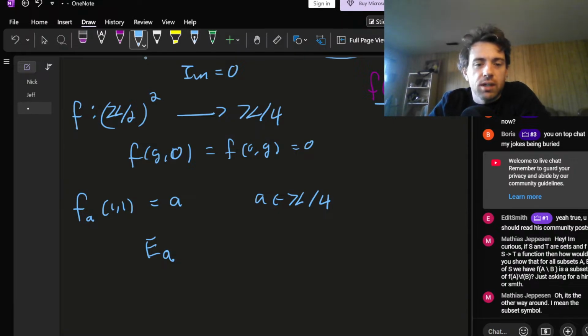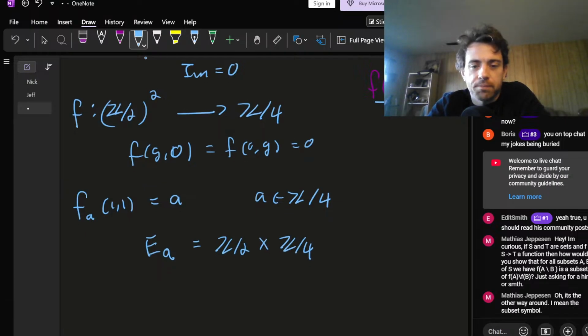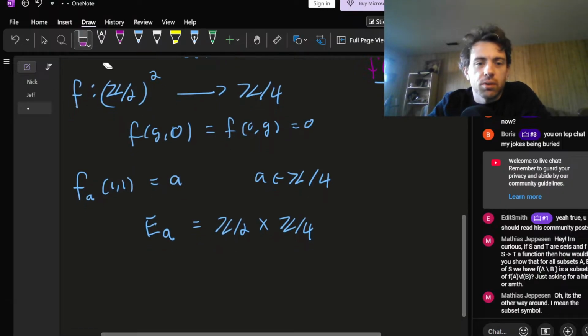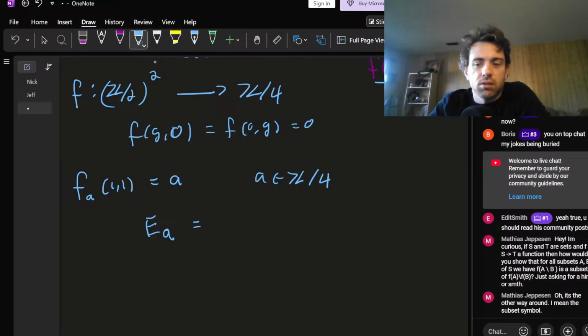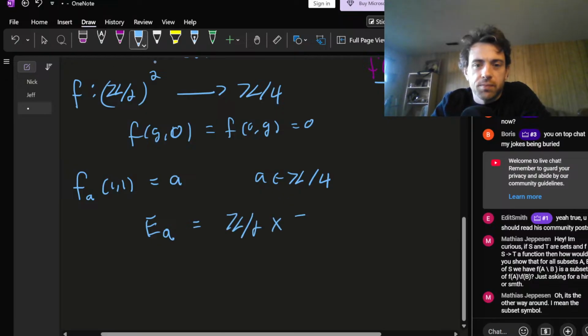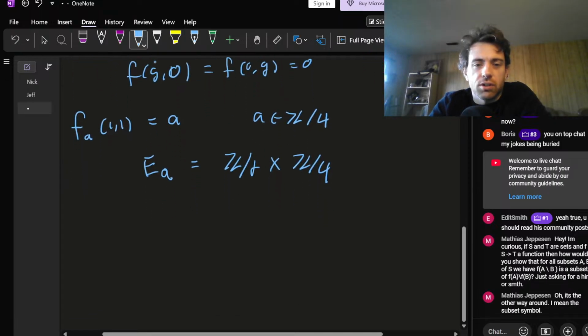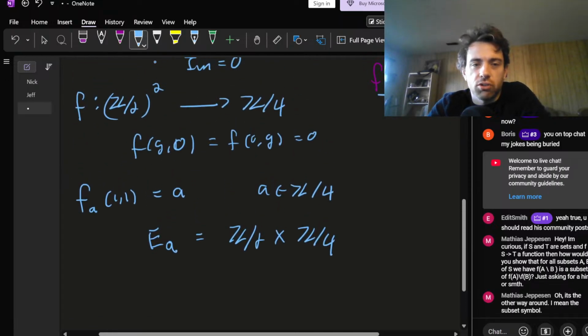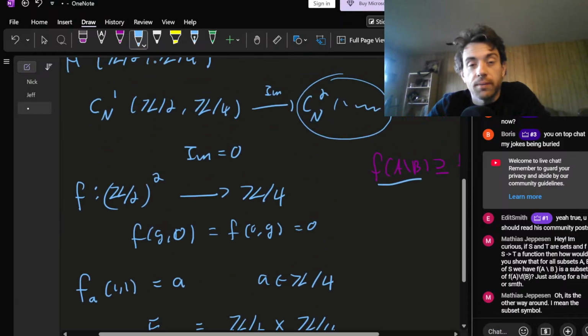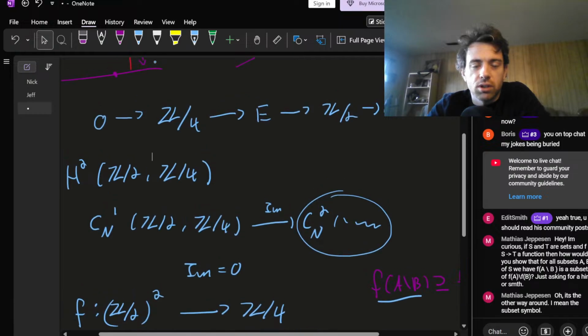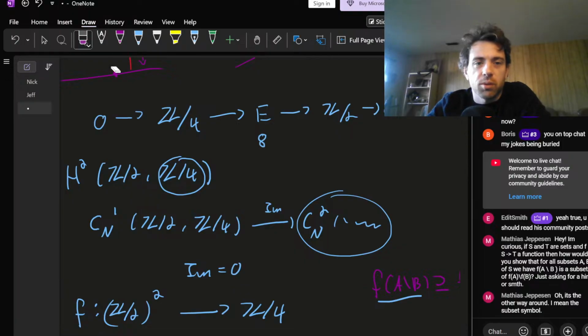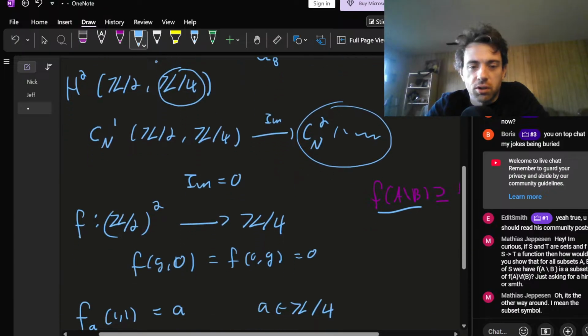So EAB is going to be Z mod 2 times Z mod 4. No, sorry, the other way around. And the operation in this case, I should say, I also need to tell you which Z4 module. I'm imagining this is the class of examples where the quaternions sit in the middle. And that's actually when Z2 acts trivially on Z mod 4.